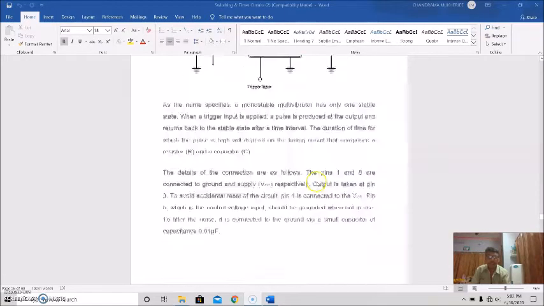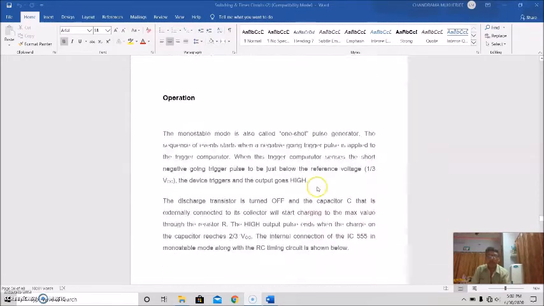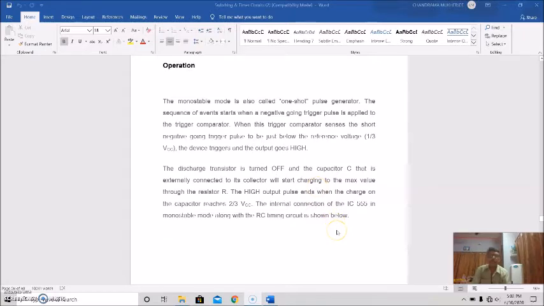Now the operation. The monostable mode is also called a one-shot pulse generator.